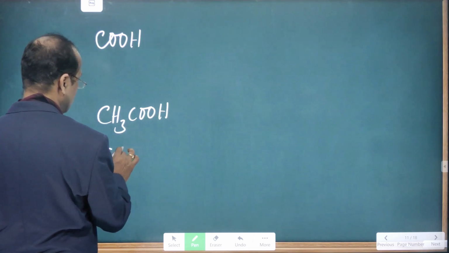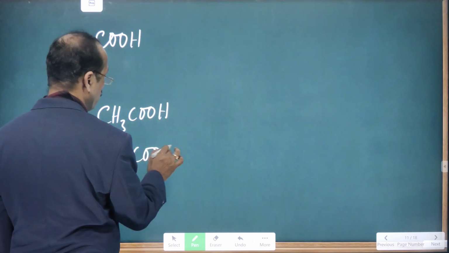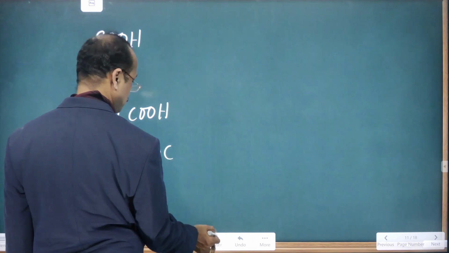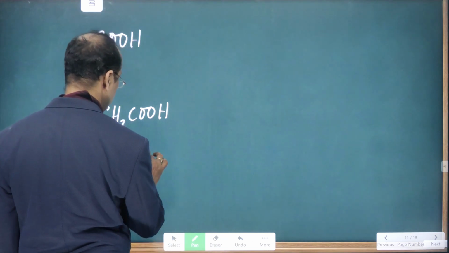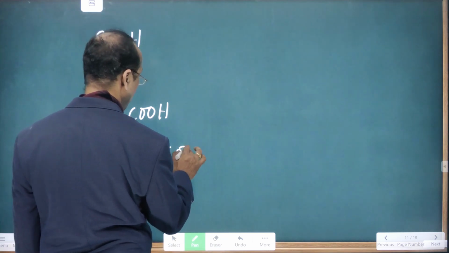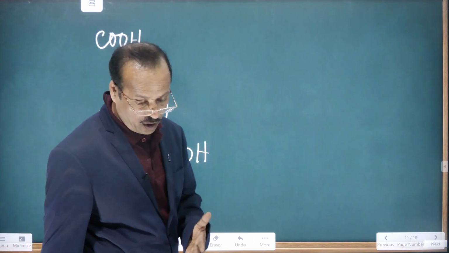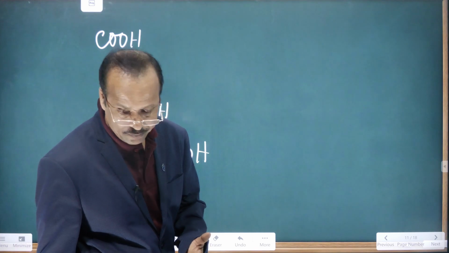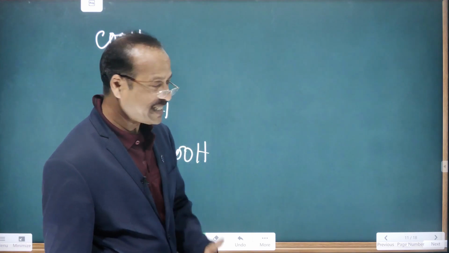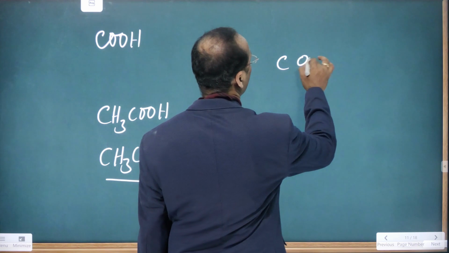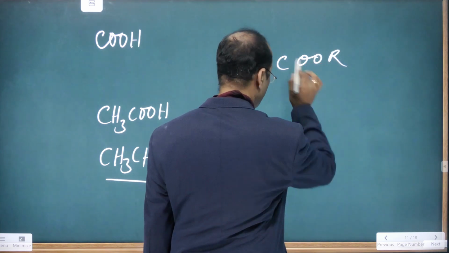Okay, propanoic acid, CH3CH2COOH. This is propanoic acid. Okay, and with what do they show it? As well as ester. Ester is what? COOR.